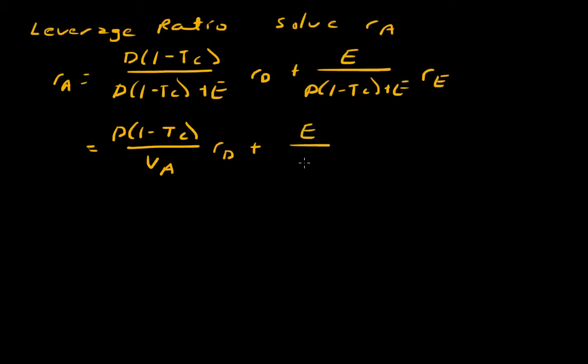So similar to before, if you're looking at the rate of return for something, generally you see that follow the pattern. You have the rate of return of assets, and then here you have the value of assets in the denominator, as we had for return on equity. So if you look back at your formulas for return on equity, notice we had equity in the denominator in that formula as well.